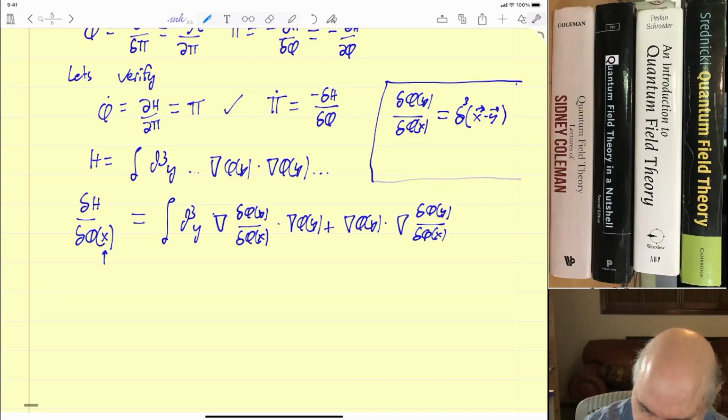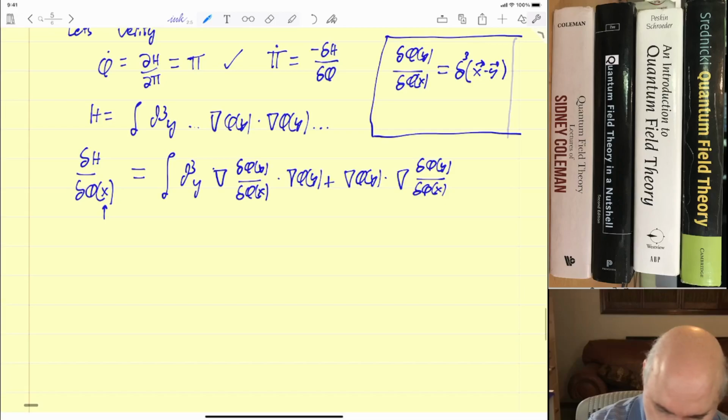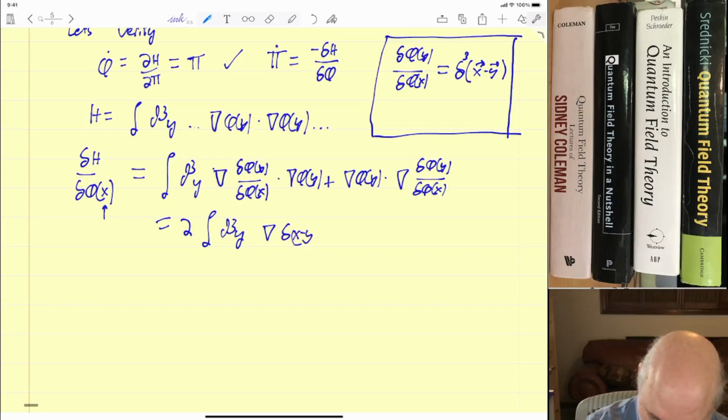And as I said, when we do path integrals, we'll review all these rules. So this is going to be equal to, both these terms are the same, 2 times the integral of d3y del phi, this is the gradient, del of the three-dimensional delta function.